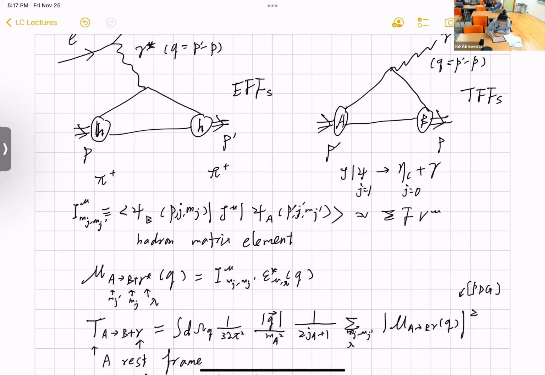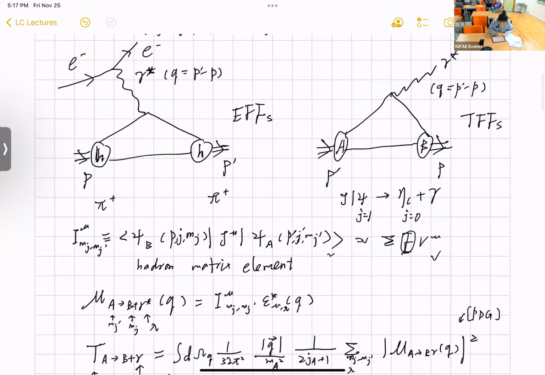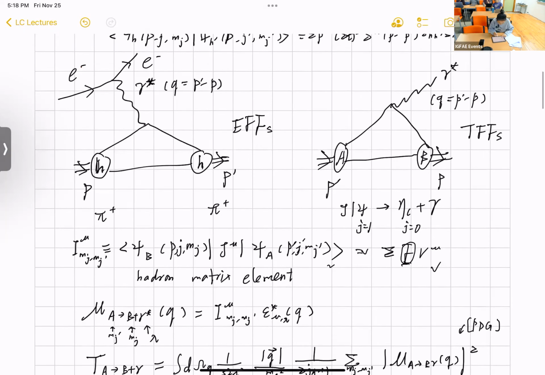We've already understood the right-hand side of the equation. So now if we can use the light-front wave function to evaluate the left-hand side, then we can find the form factors in terms of the light-front wave functions, right? The way to use the wave function to evaluate the left-hand side is actually very straightforward.